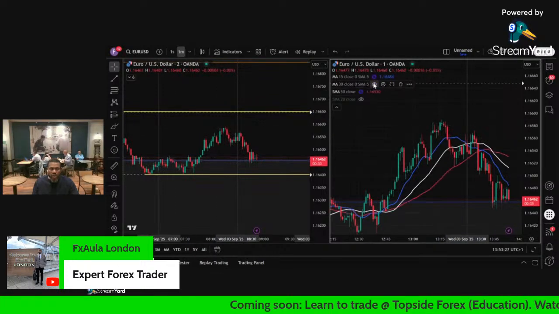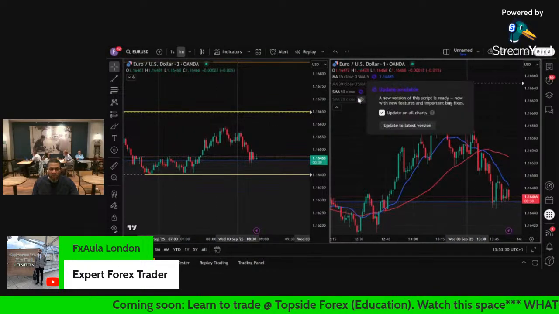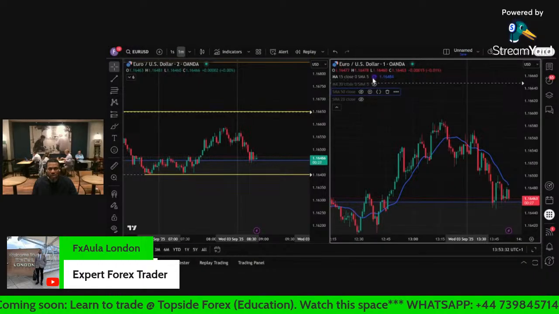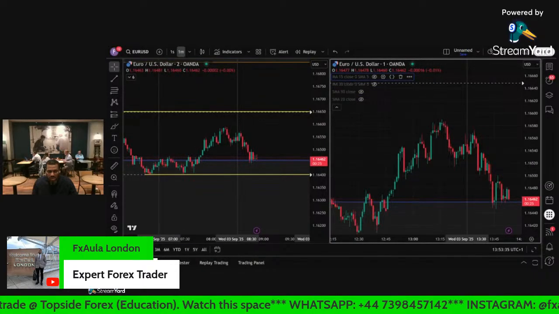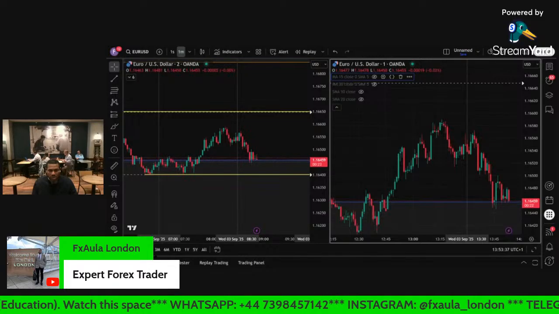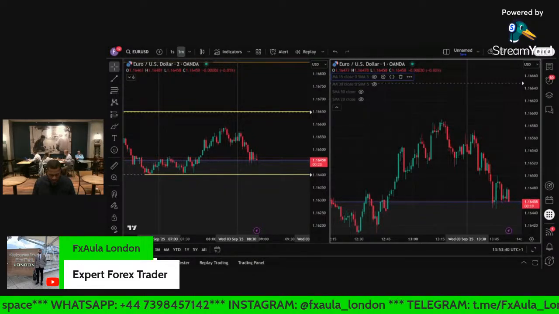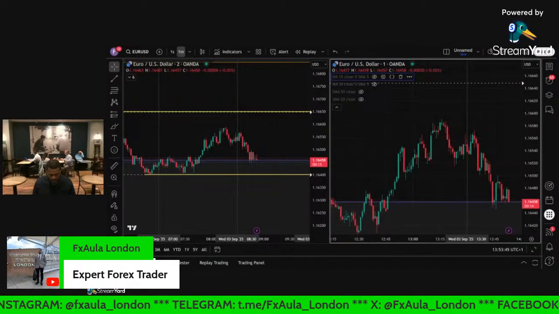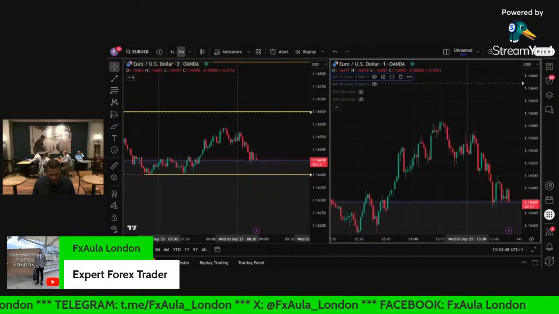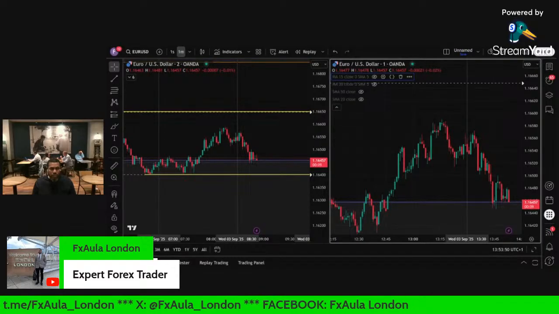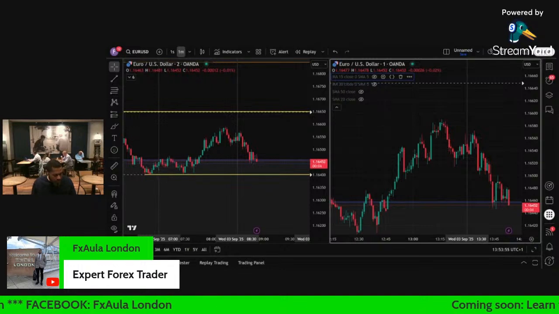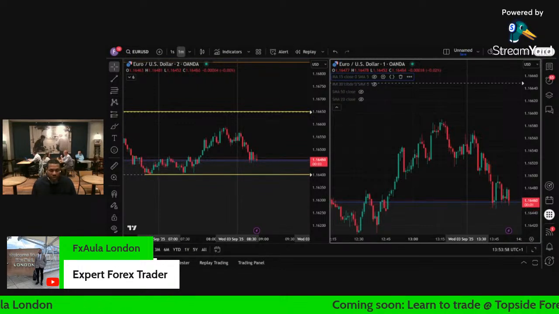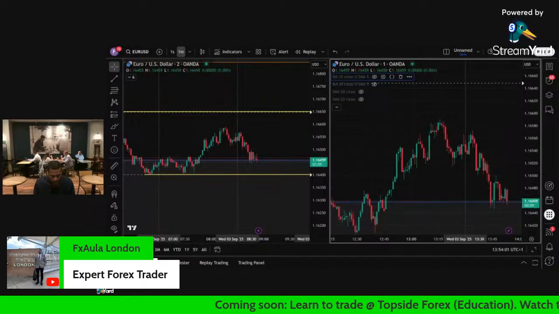Let us see whether price will give us an opportunity to trade. I also look at the 15 and 5 minutes on my phone, so I divide it into 2 as well, so I can observe what it's doing.